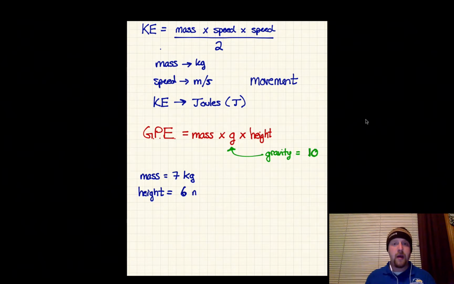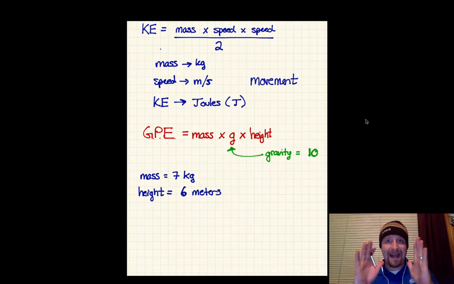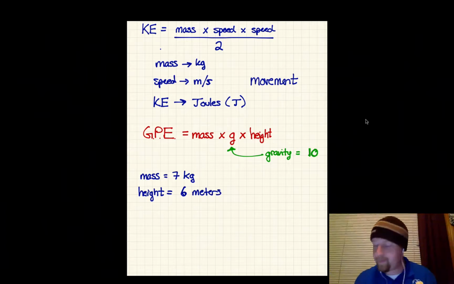Again, remember, in these problems we have to use metric units. We can't say feet, inches, or pounds. We use kilograms for mass, and we use meters for distance or height or anything that we're measuring length.